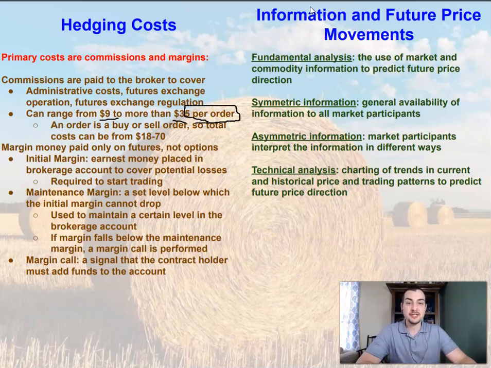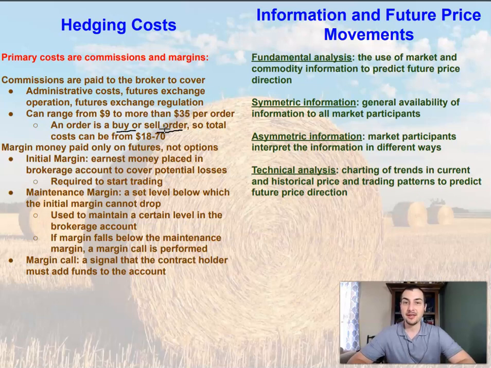So an order is an order to either buy or sell a contract. Whenever you engage in a futures contract, let's say you long the market, so you engage in a contract where you agree to buy a commodity, well, you have to sell it back, and you have to offset that contract by selling it back. Whenever you do that, you're actually placing two different orders.